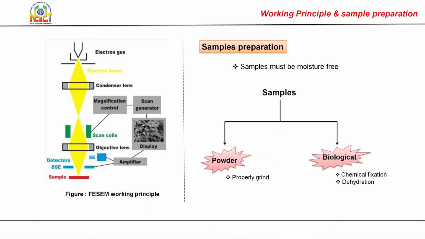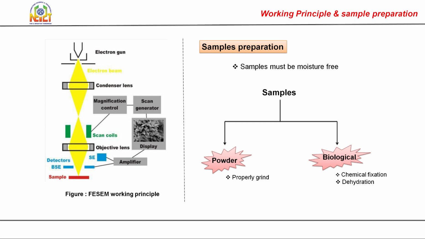In the instrument, electrons are liberated from a field emission source and accelerated in a high electric field gradient. Within the high vacuum column, these so-called primary electrons are focused and deflected by electronic lenses and scan coils to produce a narrow scan beam that bombards the object. As a result, secondary electrons are emitted from the object.